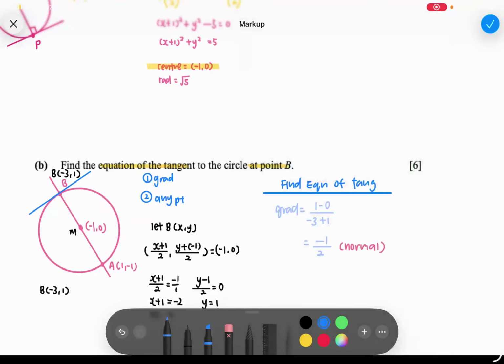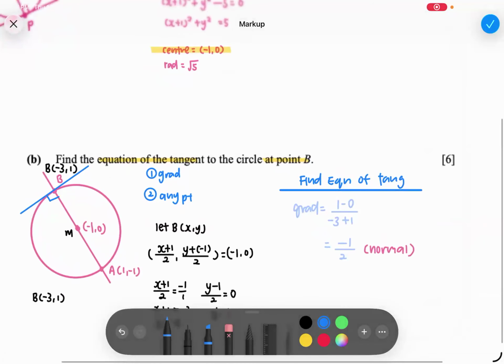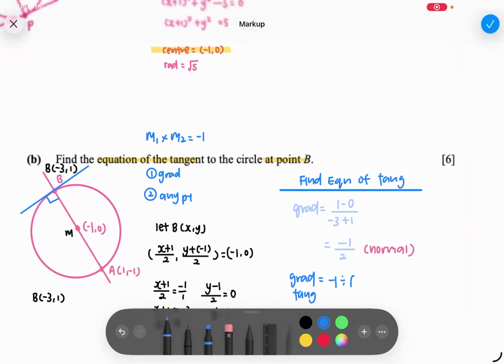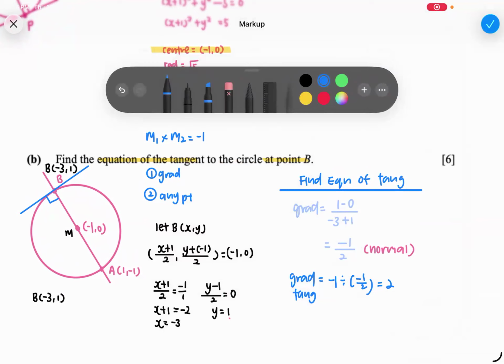How do you find the gradient of the tangent? They are meeting at a right angle. The concept from coordinate geometry is that the gradients of two perpendicular lines multiplied together equal -1. So the gradient of my tangent is -1 divided by -half, which is 2. Then I'm going to use any point that lies on the blue line. You have to use -3 and 1.